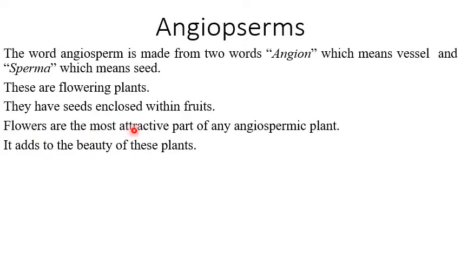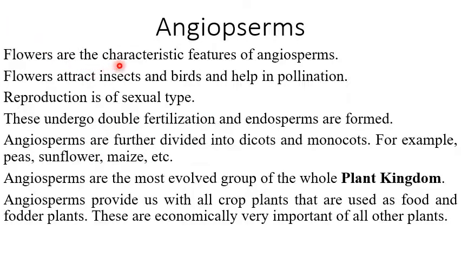Flowers are the most attractive part of any angiospermic plant. It adds to the beauty of these plants. Flowers are the characteristic features of angiosperms. Flowers attract insects and birds and help in pollination. So different types of pollination can be seen.